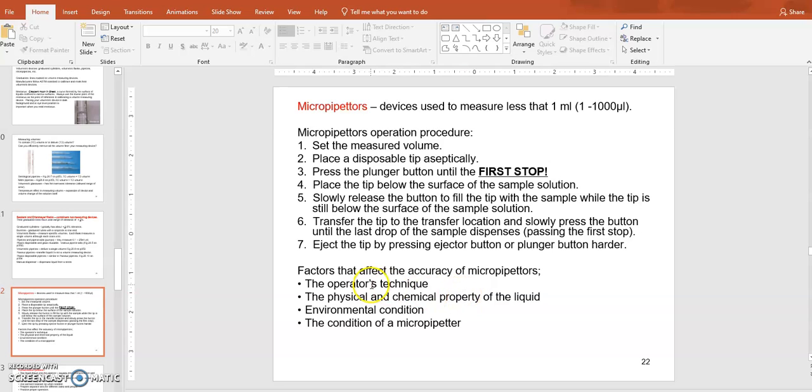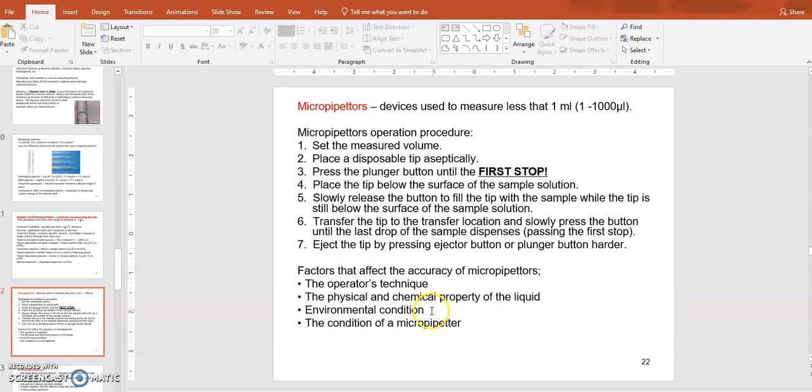So, factors that affect the accuracy of micropipetters. Of course, number one is your technique. So don't overpress it, or don't depress it too fast, and release it slowly. And use your best aseptic technique. And then the physical and chemical property of the liquid matters. If your liquid is so viscous that it's hard to draw in, that'll be a problem, right?